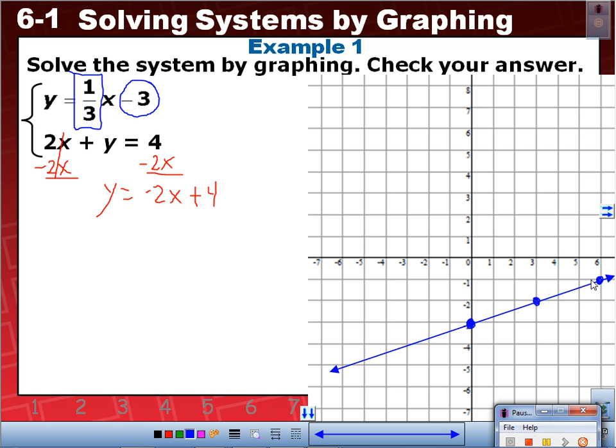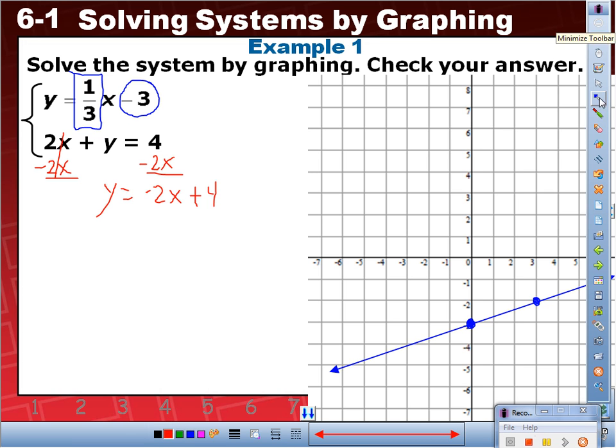So you copied this one. I'm going to graph the second one in red so you can see the difference. What information do we need from here? The y-intercept, 4, which is right here on my y-axis.